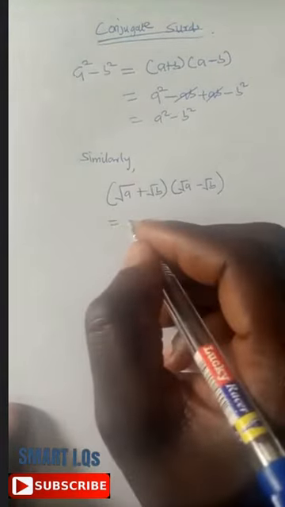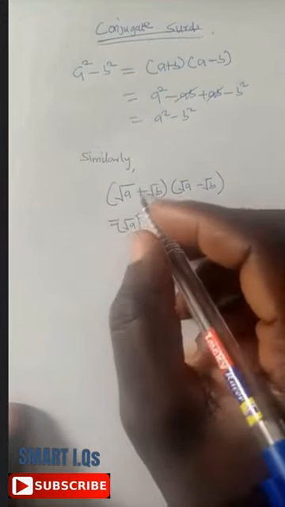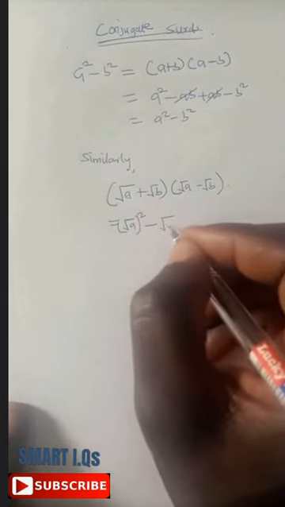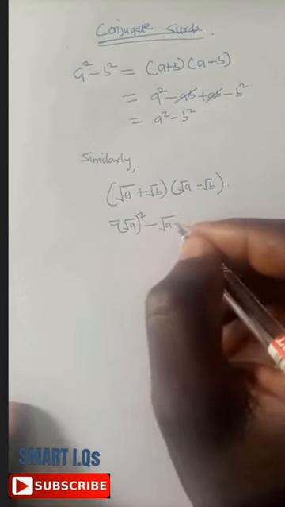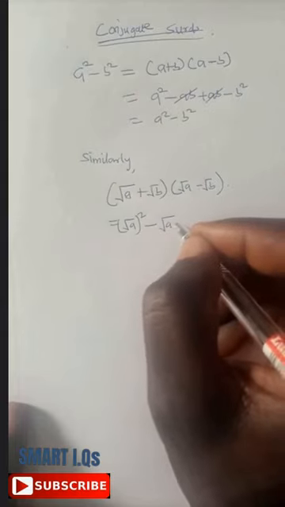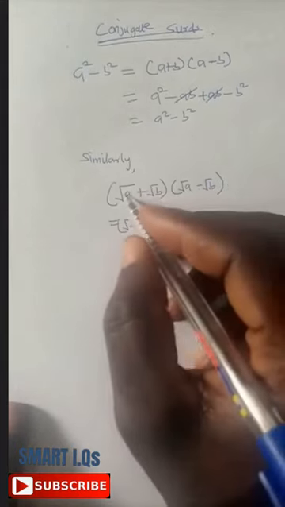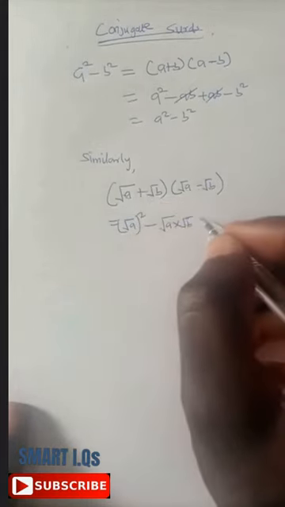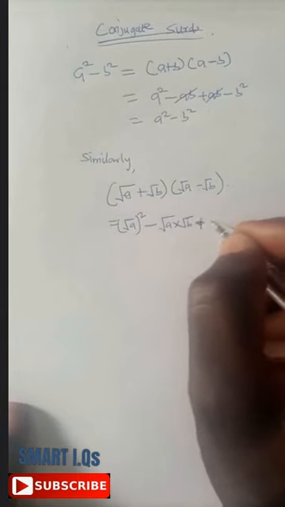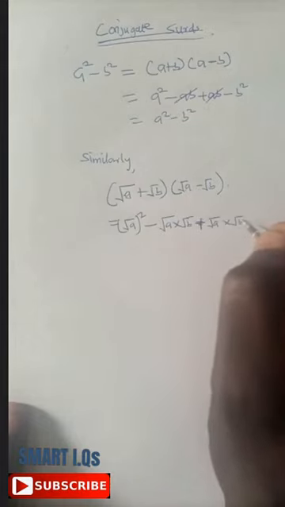We are going to have this times this, which will be equal to the square root of a squared. Then this times this, that is minus the square root of a times the square root of b. This times this, we are going to have plus the square root of a times the square root of b.